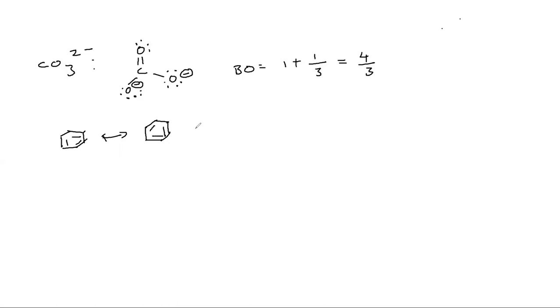So for benzene, we have 2 resonating structures. See, in these 2 resonating structures, how many sigma bonds and how many pi bonds do we have? So that is 1 plus, number of pi bonds is 3, number of sigma bonds is 6. So that is 9 by 6. The bond order is 1.5.